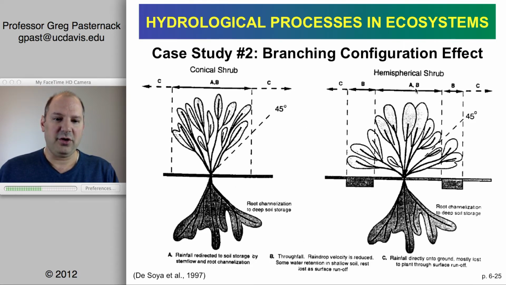Now look at the hemispherical context. Here, there's a stronger differentiation between this A-B zone, and then at the fringes there's this dedicated B zone. So this is a place where water may fall out of the sky, hit a leaf or a branch, and then drip straight down.